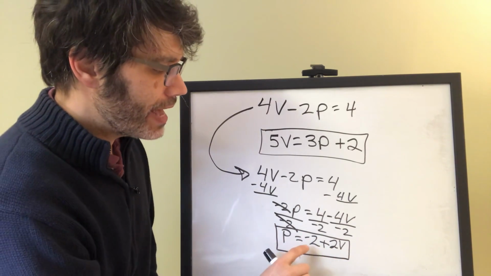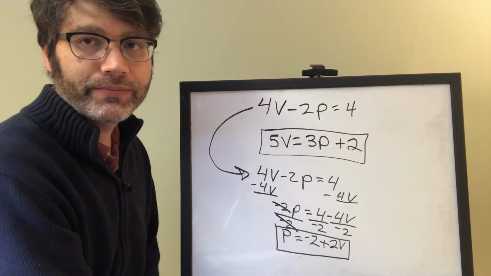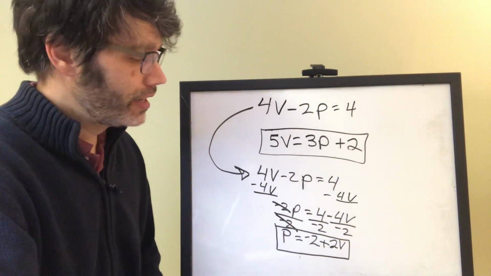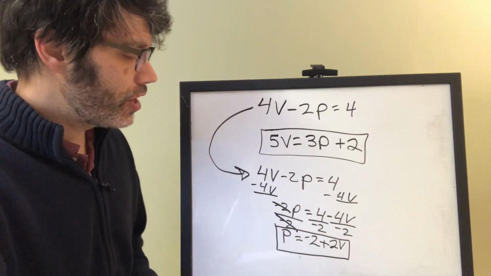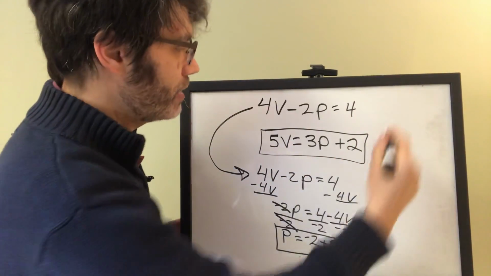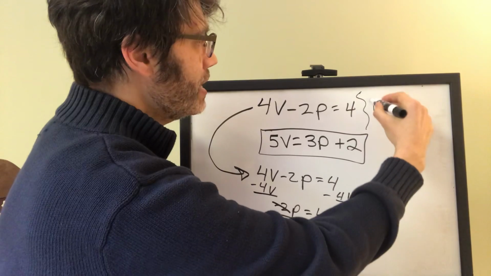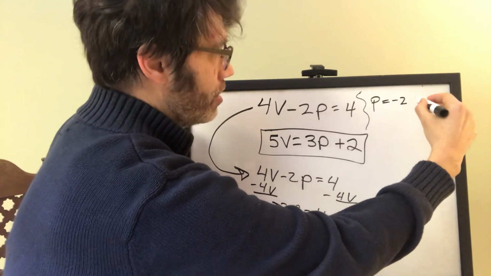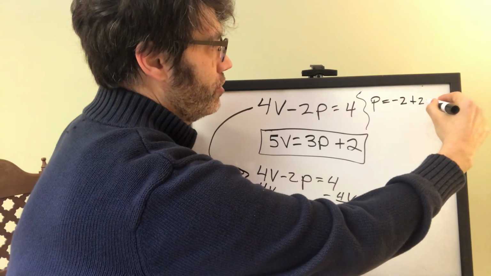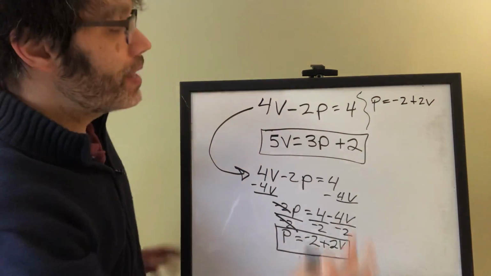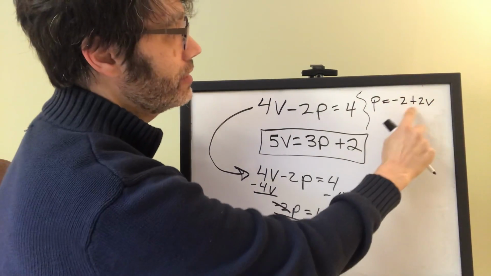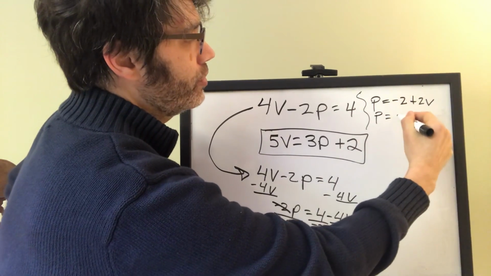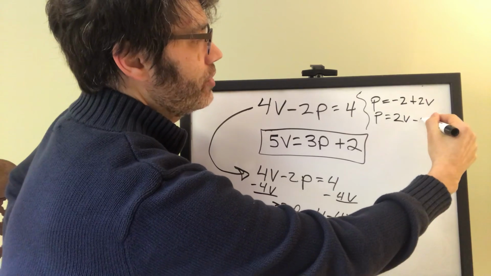Do you see that there are no fractions here? If there are no fractions, it's going to be much easier to substitute back in. So now I'm going to write this up here so we have more room. p equals negative 2 plus 2v. By the way, since these two things are being added together, you could write p equals 2v minus 2.